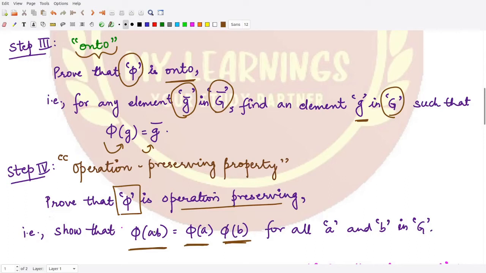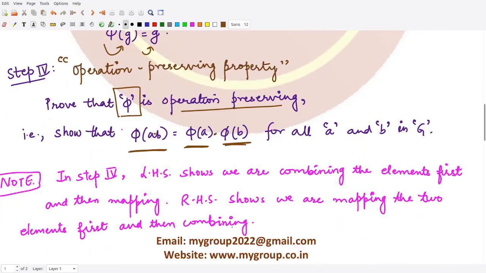Notice that in step 4, on the left hand side, we are first of all combining the elements by the group operation in G, and then applying the mapping onto it. And on the right hand side, we are applying the mapping first on the element A and on the element B, and then combining them both, right?